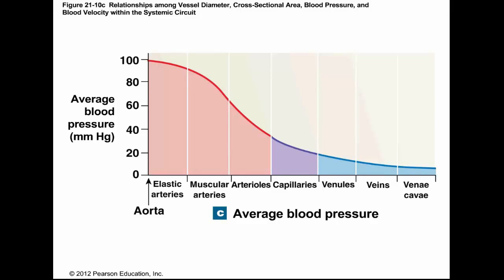Blood pressure is highest when it leaves the left ventricle and goes into the aorta, and lowest when it returns via the superior and inferior vena cava to the right atrium of the heart. You can see that there is sufficient blood pressure at the capillaries, the hydrostatic pressure, to make sure that the nutrients move out of the capillary beds into the interstitial space.